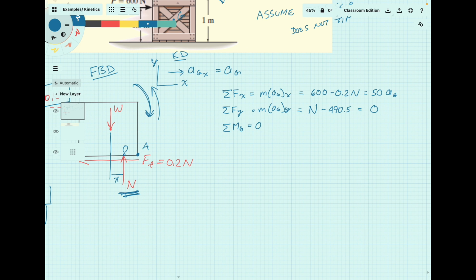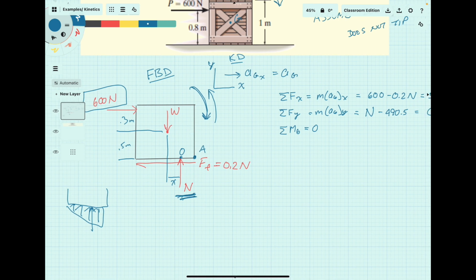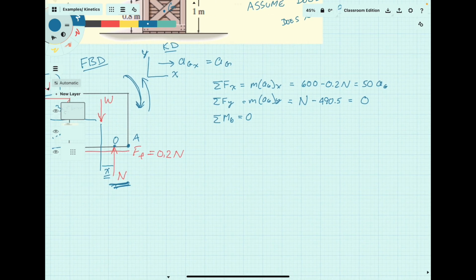And then the moments, this is where in the notes video we talked about how, despite the fact that there's no motion of rotation, the summation of moments can still be very useful. In this case, what we've got is the 600 Newton force acting at 0.3 meters from the CG, and then of course the force of friction is acting at 0.5 meters from the CG, and then the force N is acting at distance x there.